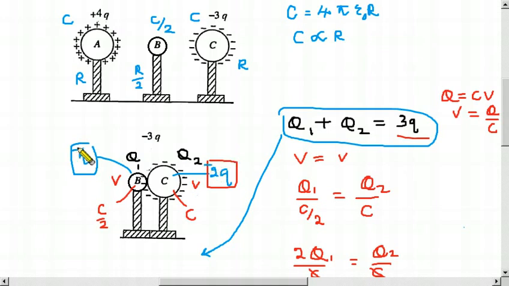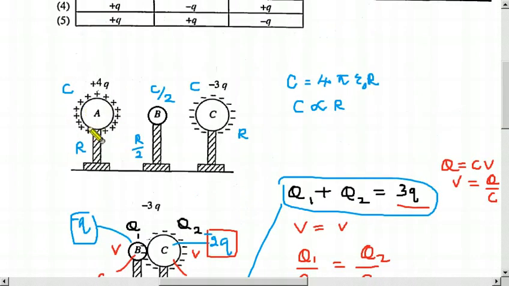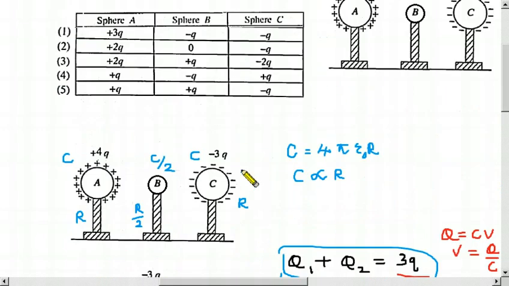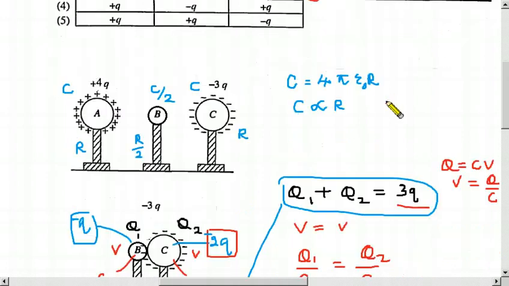Here also the minus sign should be there, because it had no relationship with this positive one. Still it is contacting with only this minus one. So the final answer is minus 2q. Minus 2q is the only answer here. Therefore we can select this answer as the correct one, the third one, minus 2q for sphere C.